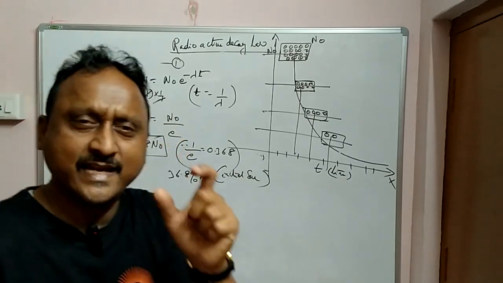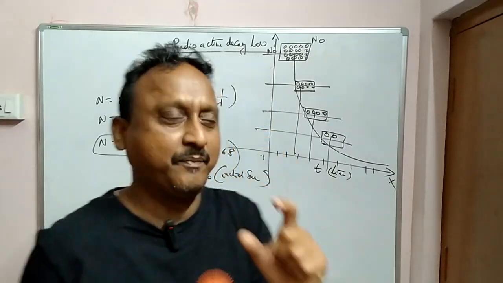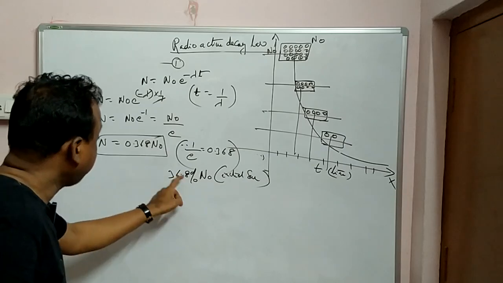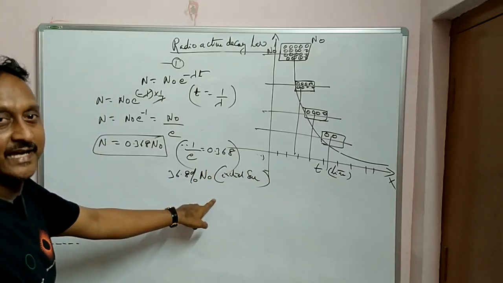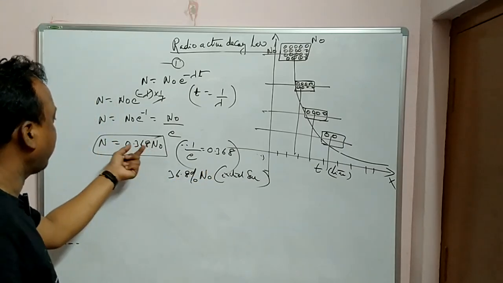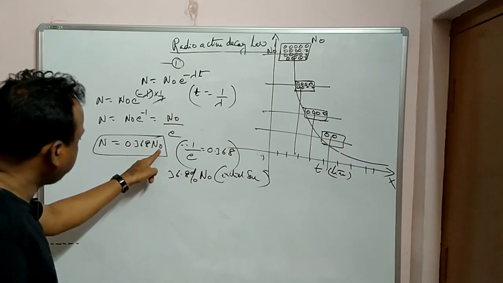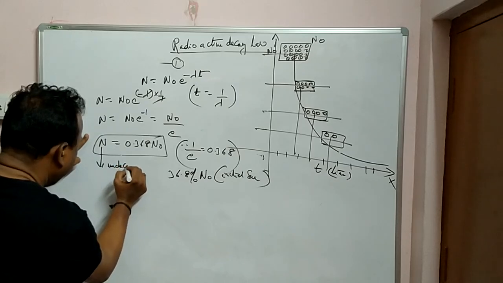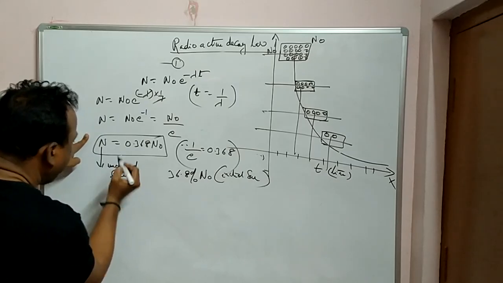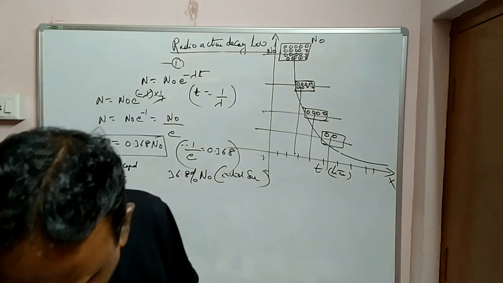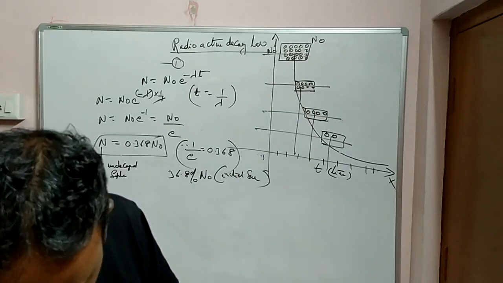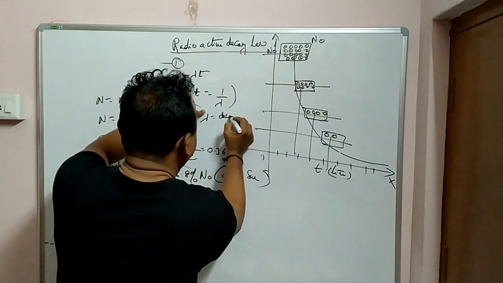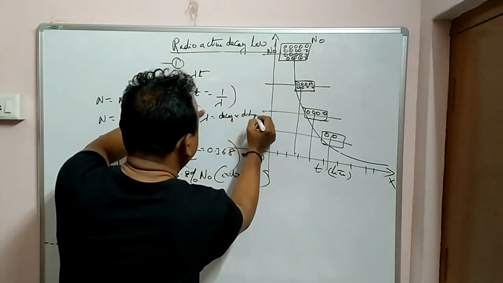Remember here, what is N here? Capital N is the undecayed sample. So N is equal to 36.8% of the initial sample, undecayed or leftover. 0.368 of N0 is equal to N, meaning this is the undecayed sample of the radioactive element, not decayed. Clear? Lambda is called the decay or disintegration constant.